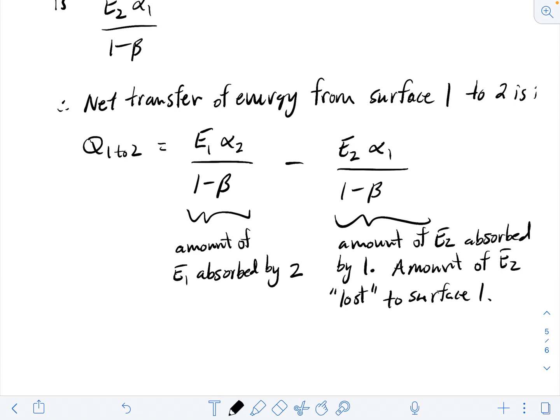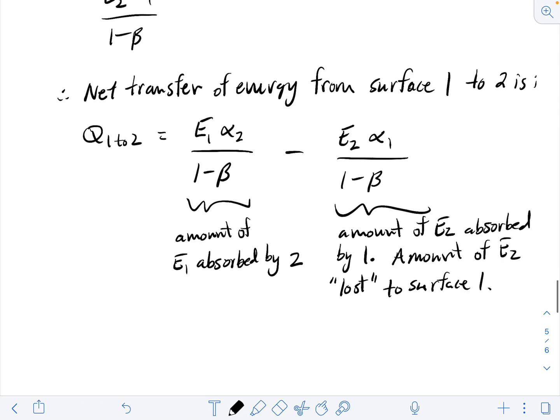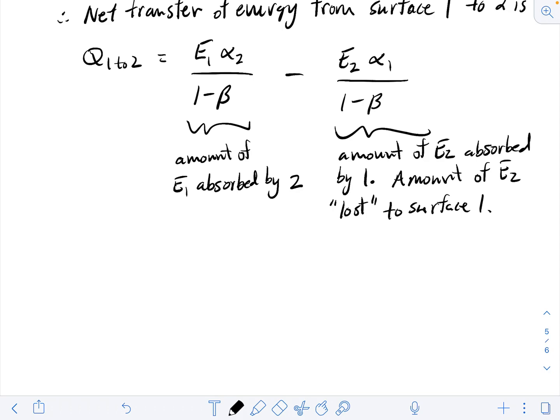So therefore, surface 2 gains an energy E1 alpha 2 over 1 minus beta from surface 1, and it loses an energy E2 alpha 1 divided by 1 minus beta from its original energy that it had.